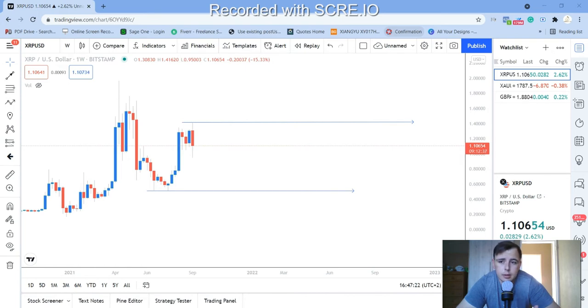And that's not the only thing. There's a lot of other stuff that can utilize the XRP ledger.